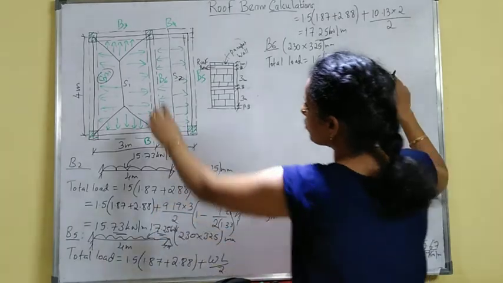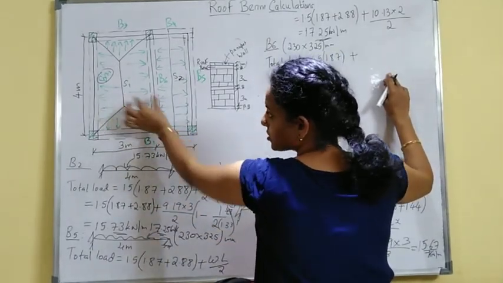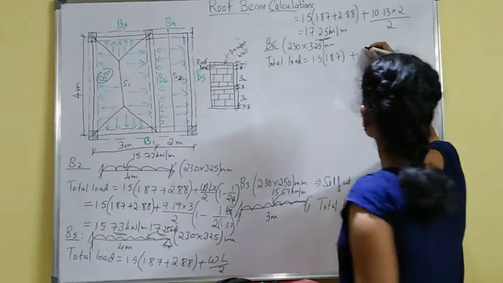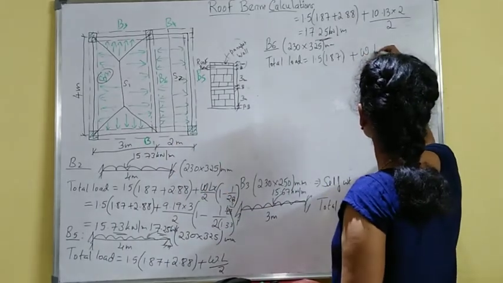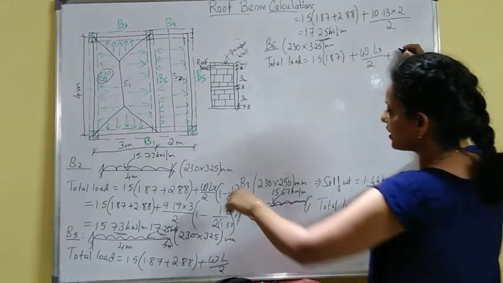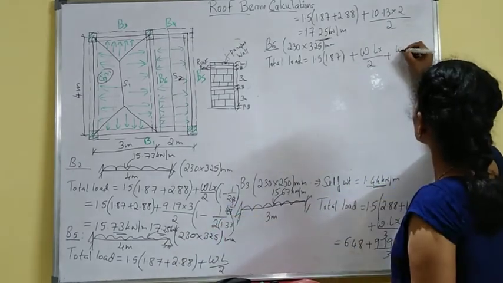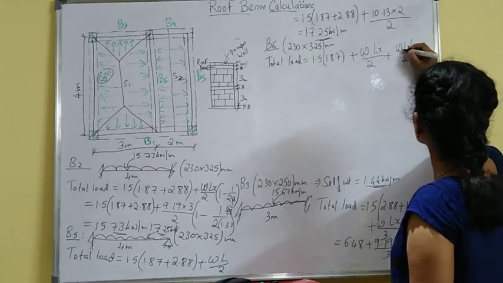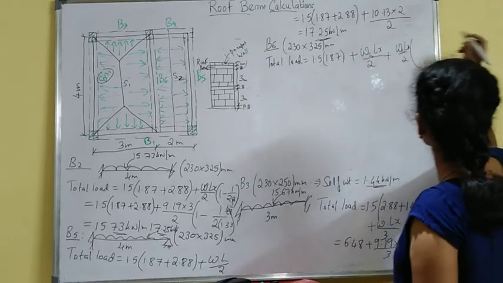Then for this beam you have one trapezoidal load and one rectangle load. So one rectangle load is W into Lx by 2, plus one trapezoidal load, that is W into Lx by 2 into 1 minus 1 by 2 beta. This is S1 slab, this is S2 slab.